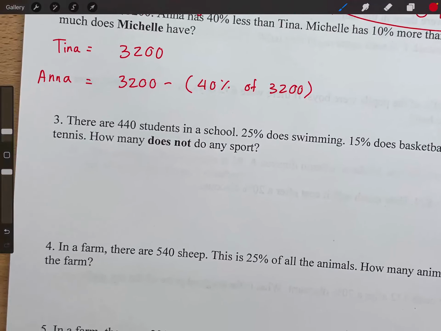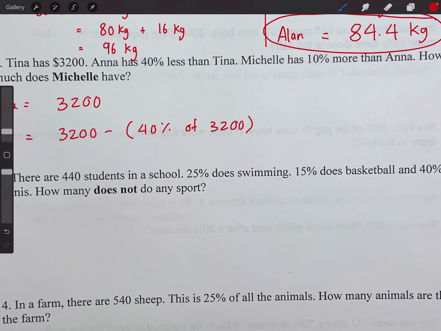Okay, so let's work that out. 40% of 3,200. So let's do 40 over 100, because that's 40%. Of means times, and 3,200 is 3,200 over 1. Now we can cross these out, 1 from the top, 1 from the bottom, 1 from the top, 1 from the bottom. So you have 4 times 320 over 1 times 1, which is 1.